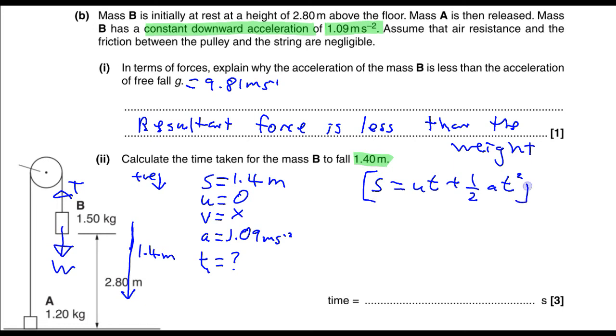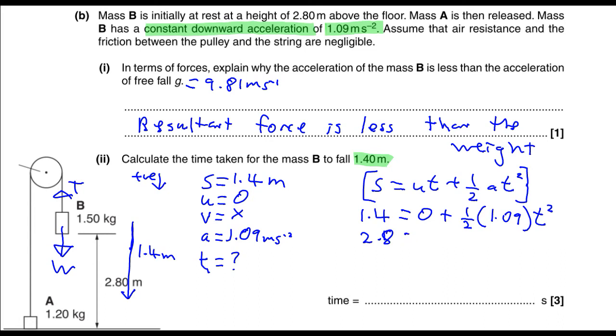S equals ut plus half at squared would be the correct one because it does not have V and it has the T that we require. Putting these values in, we will have 1.4 equal to U is 0 plus a half times 1.09 times T squared.